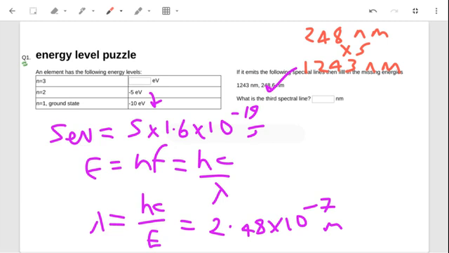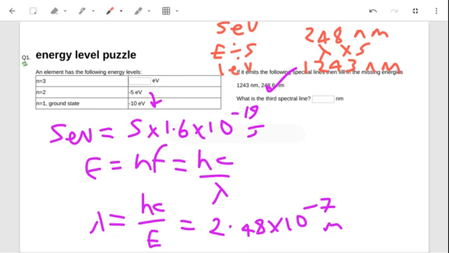Yeah, that's pretty close. So if the wavelength is multiplying by 5, this tells me that the energy is dividing by 5. So we go from 5 electron volts to 1 electron volt.